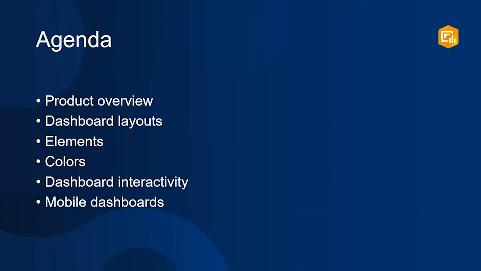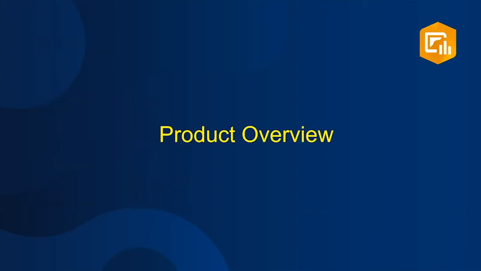We will talk about the colors and why we need to focus on having a good look and feel when we design our dashboard. Then we will talk about the dashboard interactivity and how we can create a mobile dashboard using the operations dashboard for ArcGIS. So we will start with the product overview here.